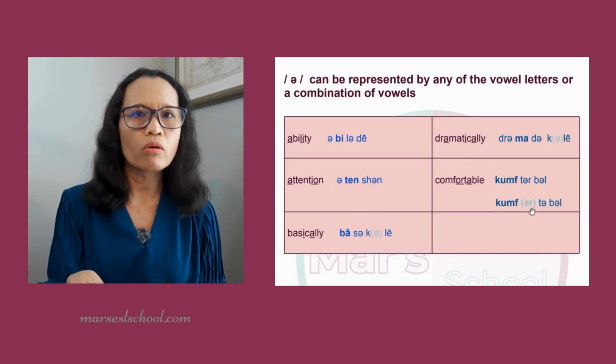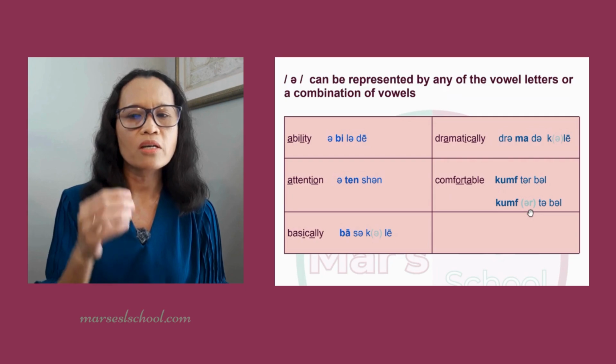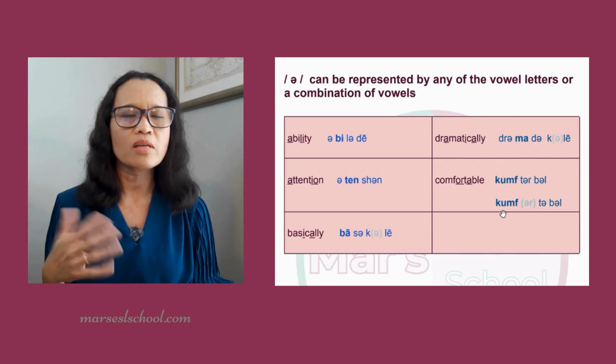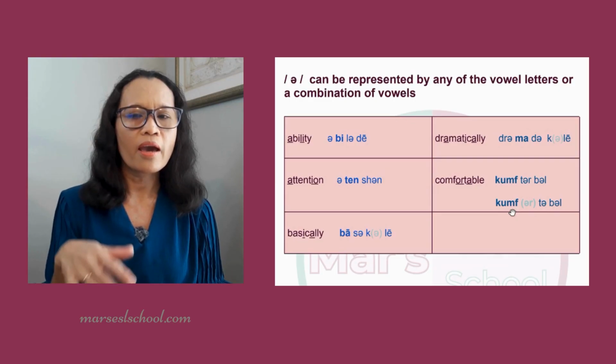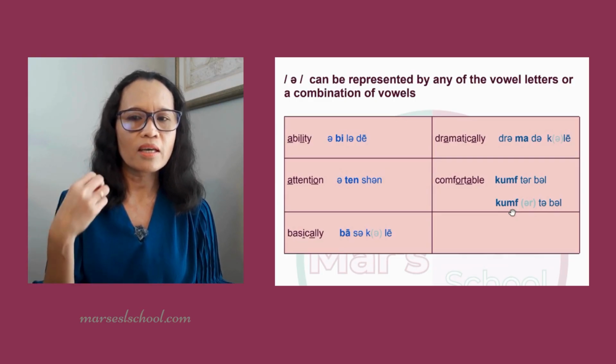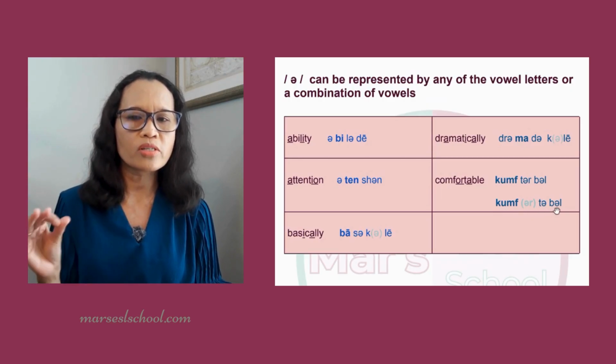There's no R sound, no schwa and R. This vowel over here plus R is removed. So it's skipped. So you only hear 3 syllables. Comf, which has a short U sound, and it's clear, it's emphasized, and then you have your 2 reduced syllables.